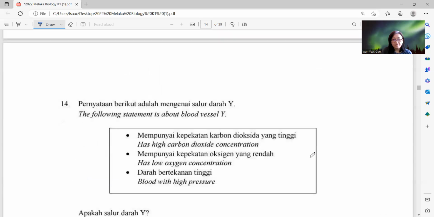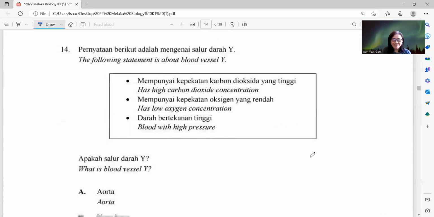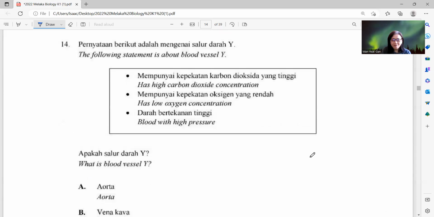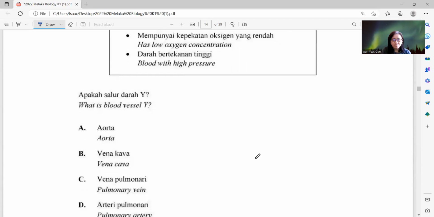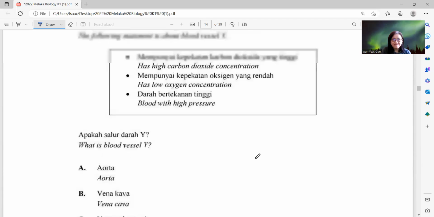Okay, number 14. The following statement is about blood vessel Y. It has high carbon dioxide concentration, low oxygen concentration, and blood with high pressure. So what is the blood vessel?